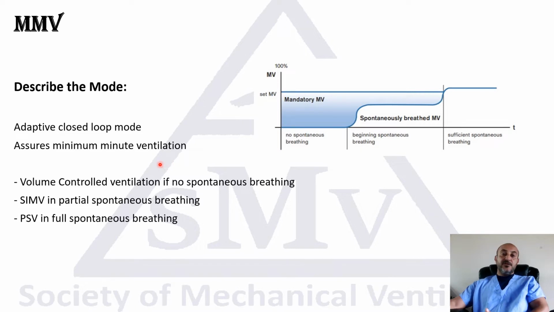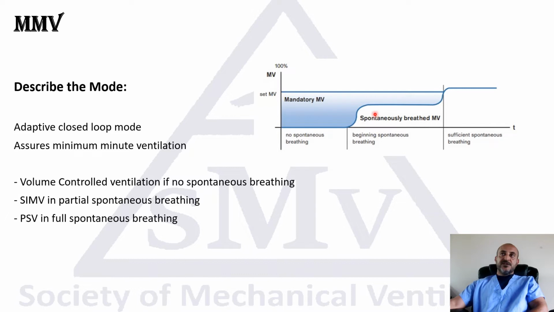The mode actually delivers the breath in three different ways according to the patient's spontaneous breathing. If the patient has no spontaneous breathing, like a passive patient, all the breaths will be controlled, usually volume controlled breaths, although there's an option to turn into decelerating flow, which will basically be a pressure regulated volume controlled breath.